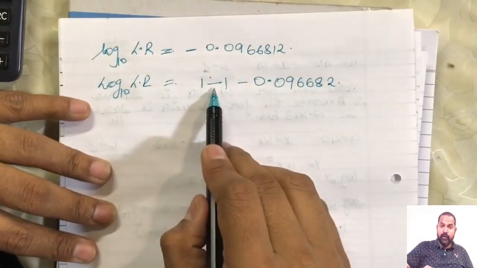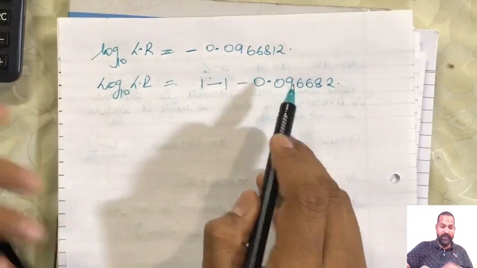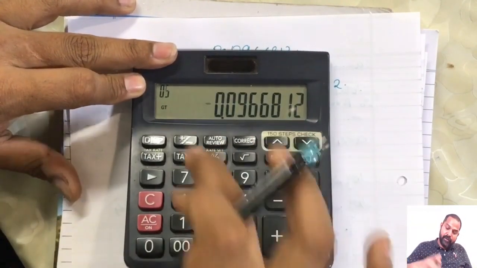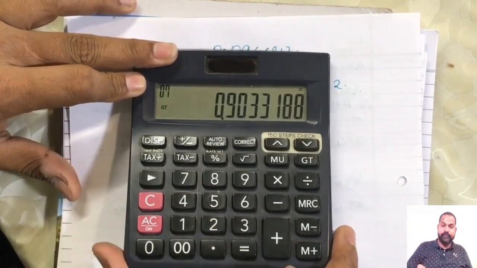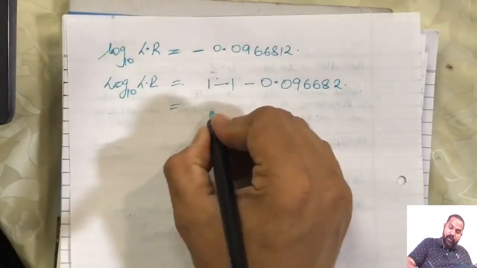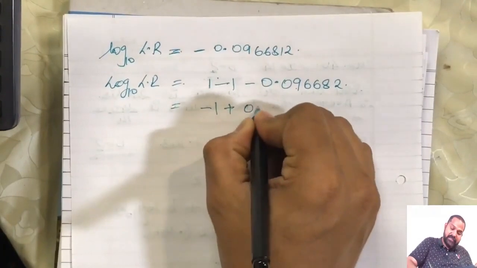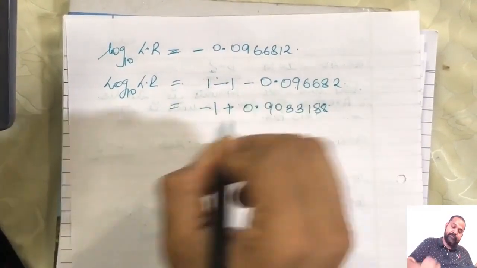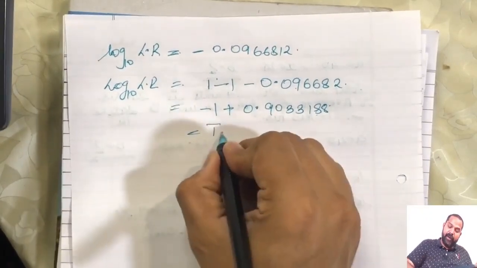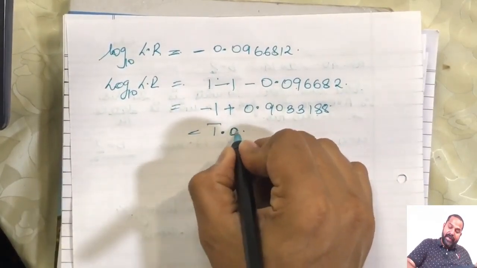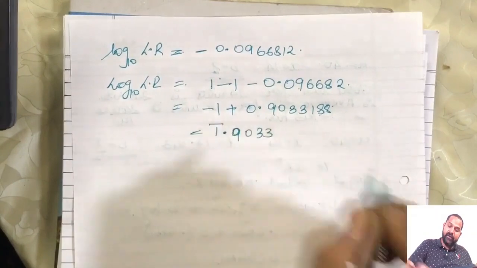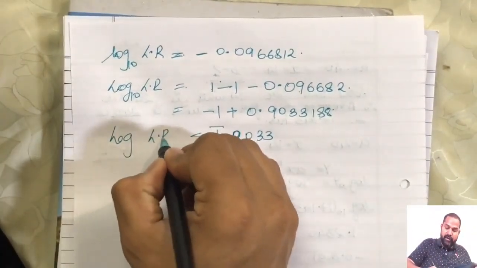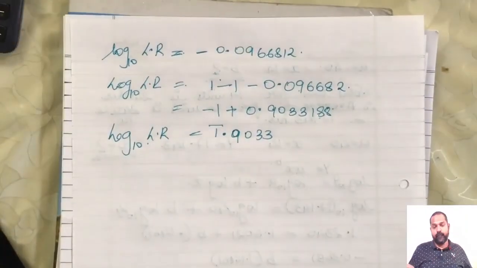Let the positive 1 add with this. So make this negative and add the 1 to it. You will get negative 1 plus 0.9033188. Negative 1 is nothing else but bar 1.9033. I'm not writing the 188. And this is the log of the learning rate to the base 10.